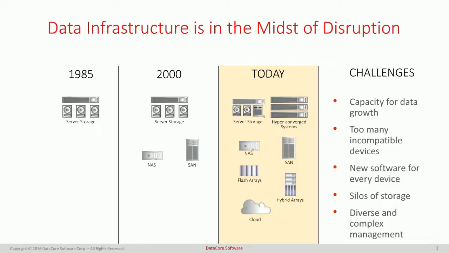We're also seeing hyperconverged solutions that simplify the consumption of storage, and also object storage and cloud economics significantly impact the overall cost of storage. However, you can see there are a number of challenges that come along with the current environment in the data infrastructure world. And I bet you've seen some of those challenges as well.